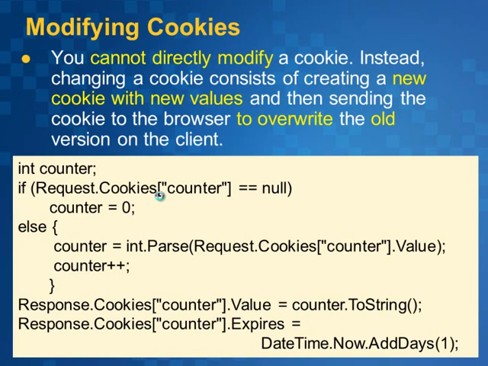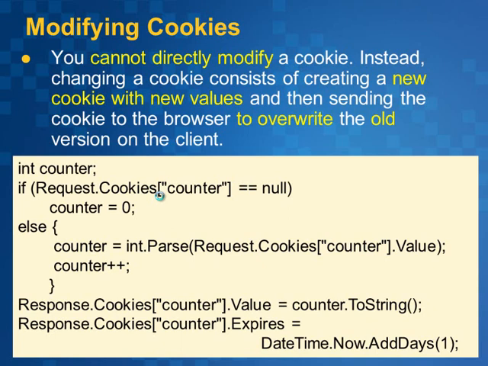Now the next one is, how do you modify the cookie? If you have already set a cookie at the client side, and if you want to modify that cookie, you can't get it like an object. What you have to do is recreate a new cookie with the same name but with the modified content, and send it back to the client. So when you send a cookie with the same name but a different value, and the client receives it, if it finds that a cookie with the same name exists, it will override the existing cookie with the new cookie.